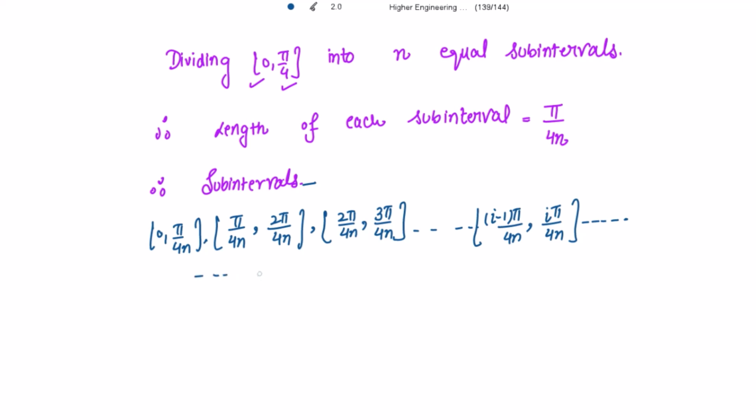At last we have (n minus 1) pi by 4n to n pi by 4n, that is pi by 4. So this is x0, this is x1, likewise this is x(i minus 1) and this is xi, and this is x(n minus 1) and this is xn.